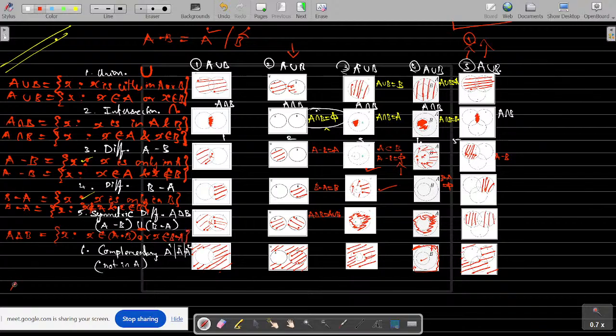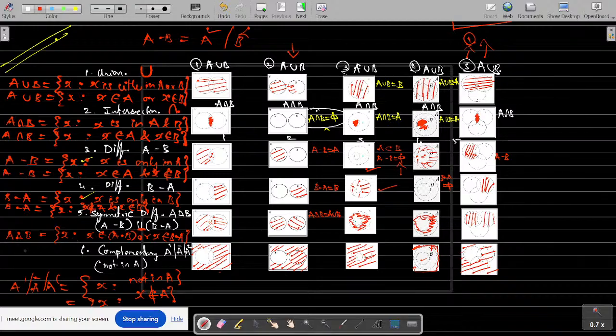Then the sixth one, A complement, or A dash, A bar, can be written as the set of all X such that X does not belong to A. Is it okay?